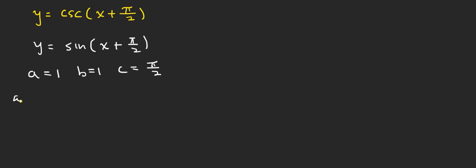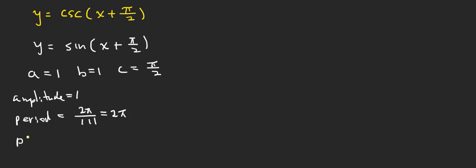So the amplitude is 1, period is 2 pi over absolute value of 1, which is 2 pi, and phase shift is negative pi over 2 over absolute value of 1, which is negative pi over 2.